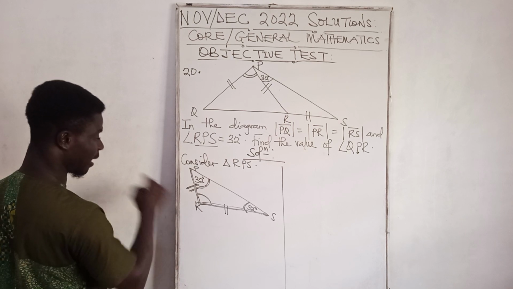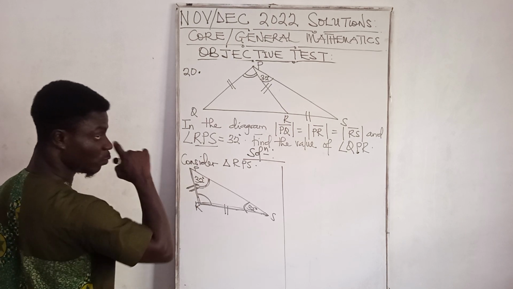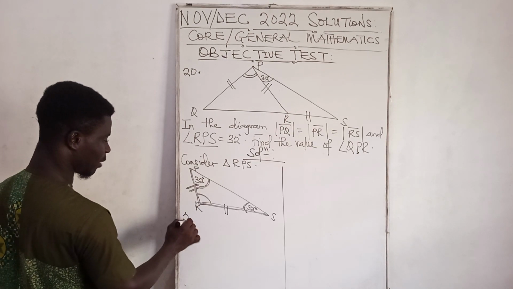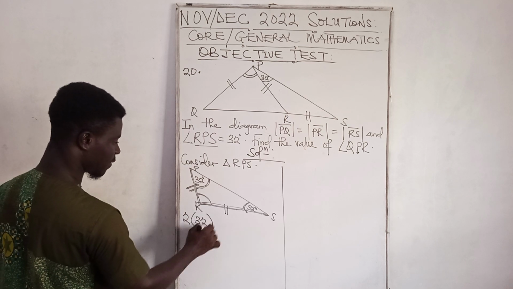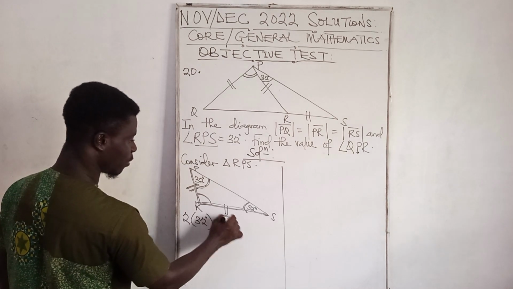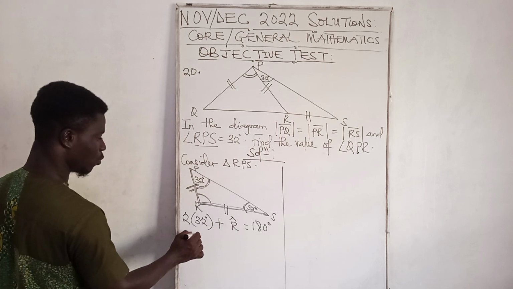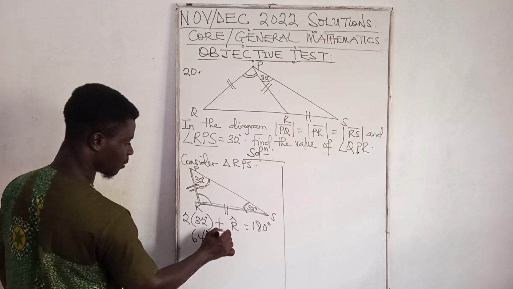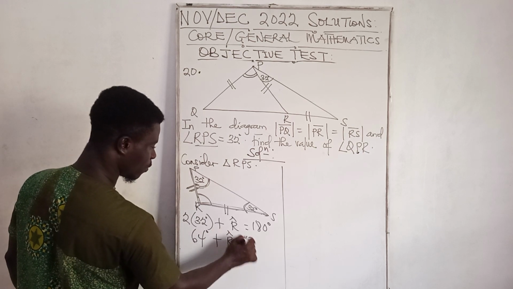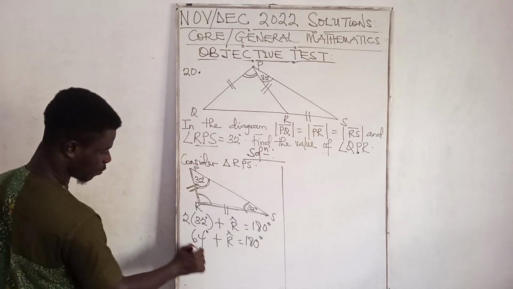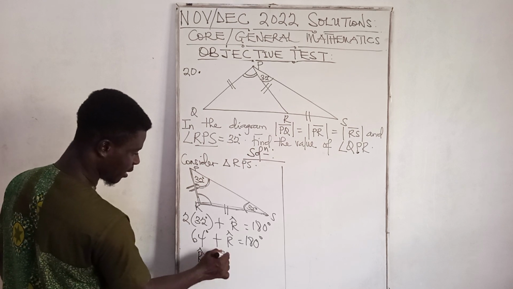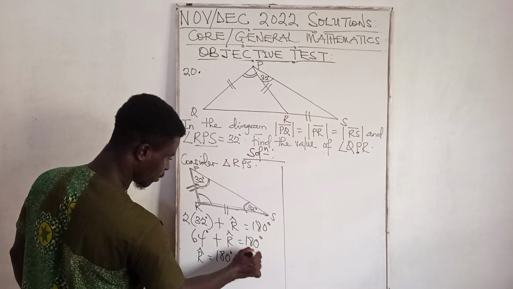So I can say that we have two 32 degrees there, so twice 32 degrees plus my angle r must be equal to 180 degrees. So we have 64 degrees plus angle r equals 180 degrees. So angle r equals 180 degrees minus 64 degrees.